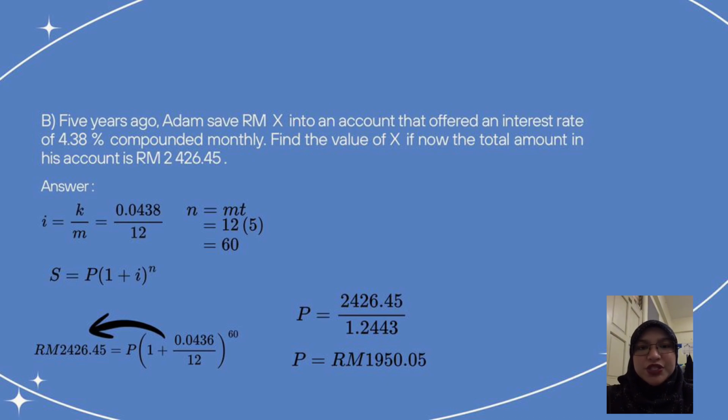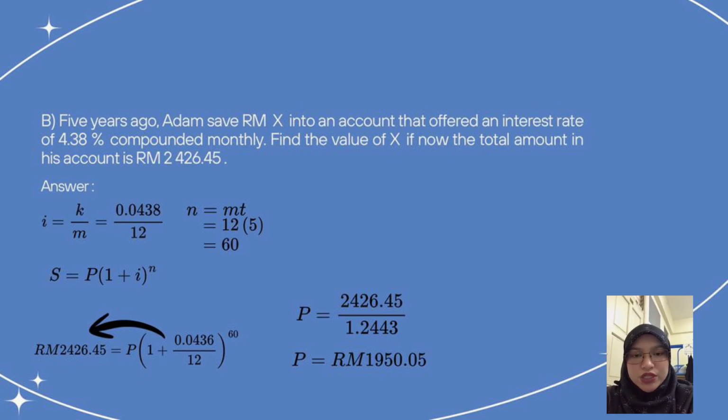5 years ago, Adam saved RM X into an account offering an interest rate of 4.38% compounded monthly. Find the value of X if now the total amount in his account is RM2,426.45. First, the monthly interest rate is i equals 0.0438 over 12. Next, the number of compounding periods is n equals 12 times 5, equals 60.